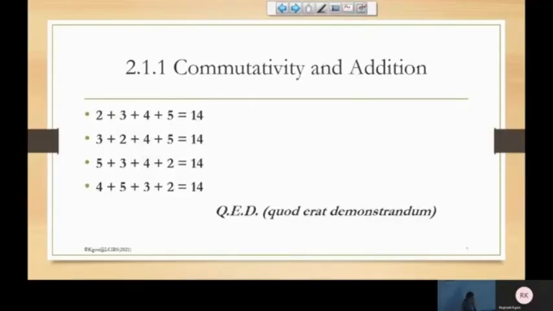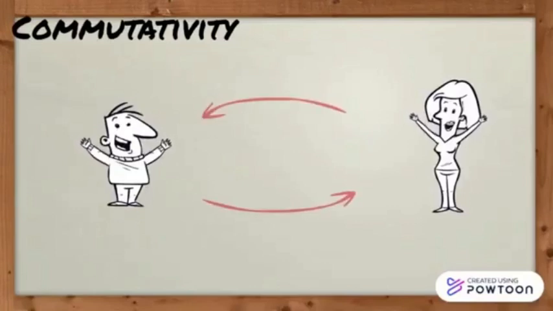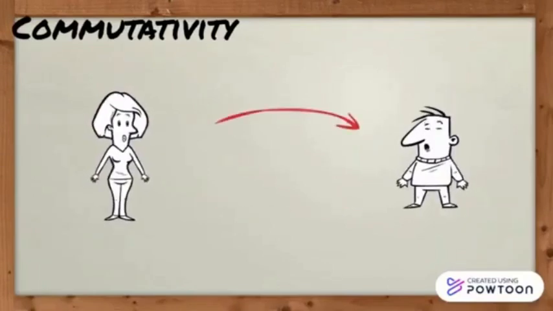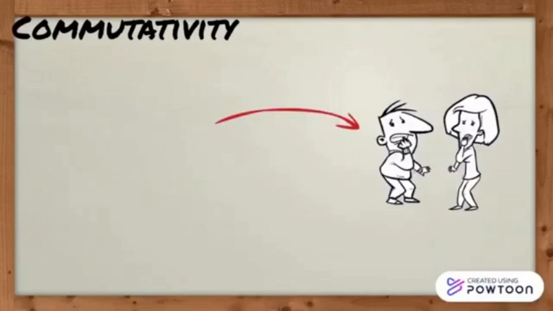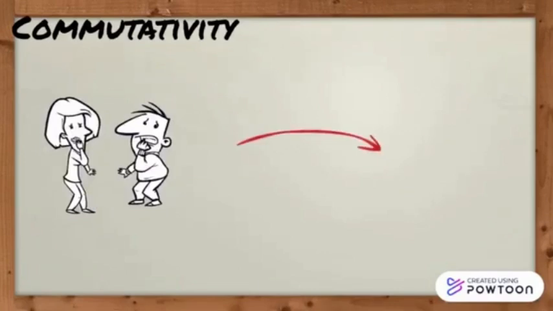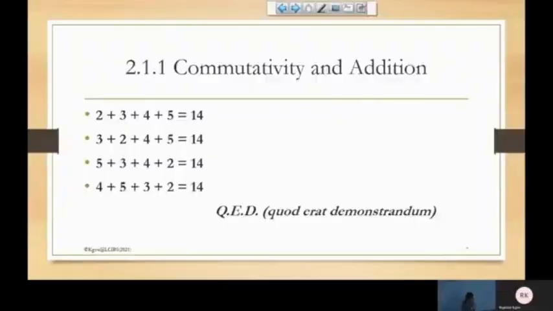Here are some examples. We are supposed now to show or to prove what I've just stated, when I said addition and multiplication are commutative because they display this property. In other words, they obey this law. Let us check. Prove that addition is commutative. You take those four numbers, 2 and 3 and 4 and 5, and you add them together.